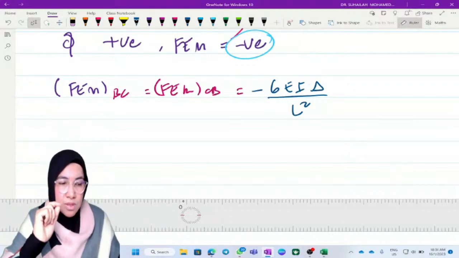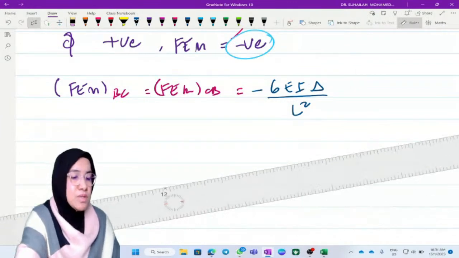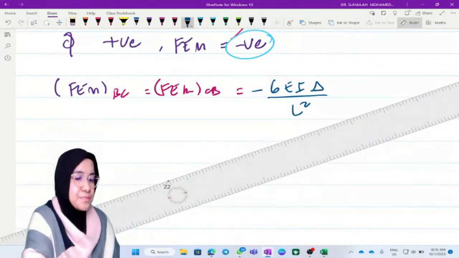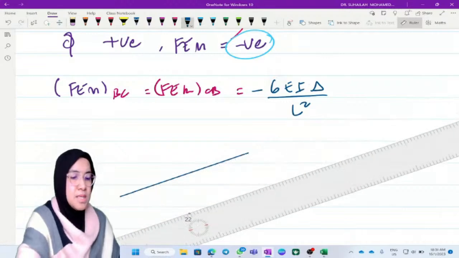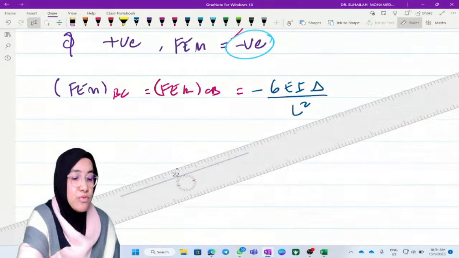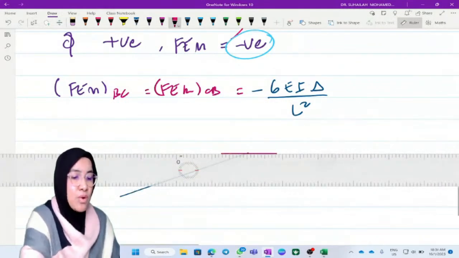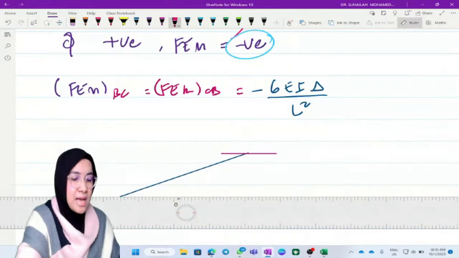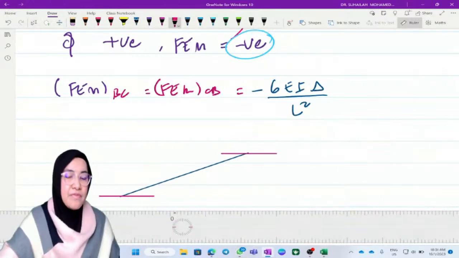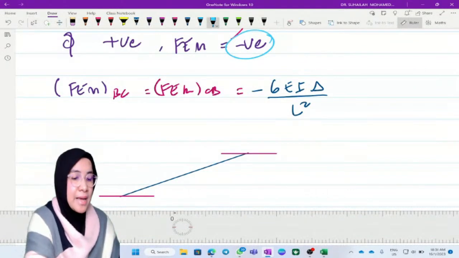The angle is positive. So when we move to CD, CD is like this. This is CD. We have to draw the reference line. The reference line is always horizontal. We measure the angle from the reference line. This is a negative angle.